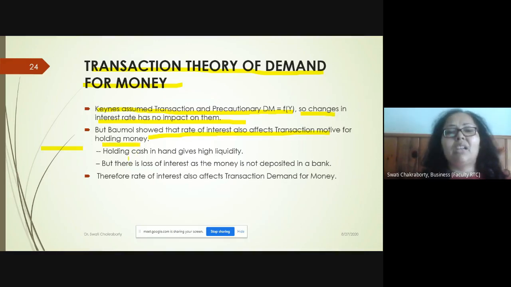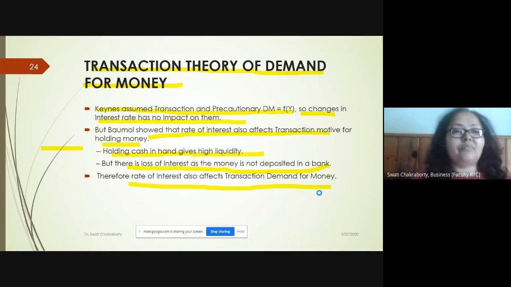Why? Because when you hold money in hand, it gives high liquidity. You're having more liquid assets, but it results in the loss of interest, because the money is not deposited in the bank. You're losing some interest. That's why the rate of interest also affects the transaction demand for money.